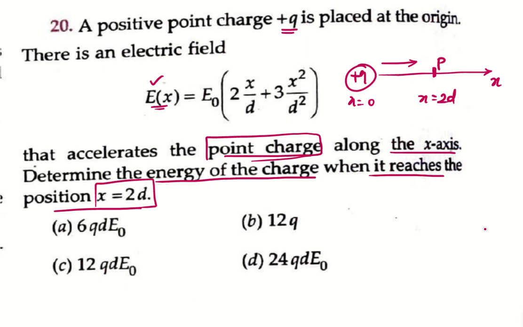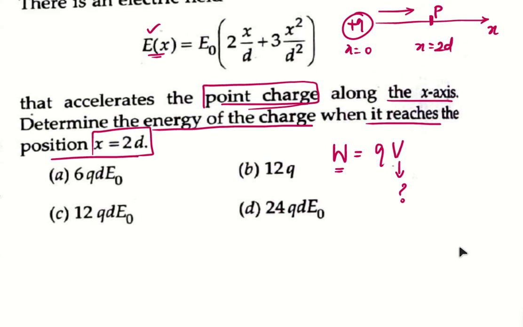So work done by the electric force is q times V, we know it. So we have to calculate first what is V. Then we have to substitute in this equation to get the work done. So how to do that? Now we know the E relation, just now we learned it is minus dou V by dou R. Minus represents the electric field direction, so we can just leave it for the moment.